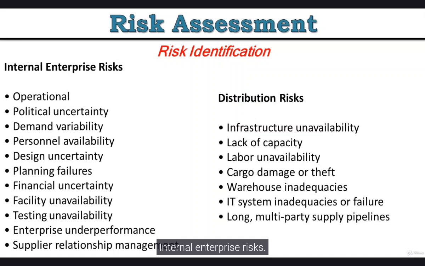Internal enterprise risks: operational, political uncertainty, demand variability, personnel availability, design uncertainty, planning failures, and so on. And some distribution risks, such as infrastructure unavailability, lack of capacity, labor unavailability, cargo damage or theft, warehouse inadequacies, and so on. You can find a more exhaustive list in the downloadable resources tab of this lecture.